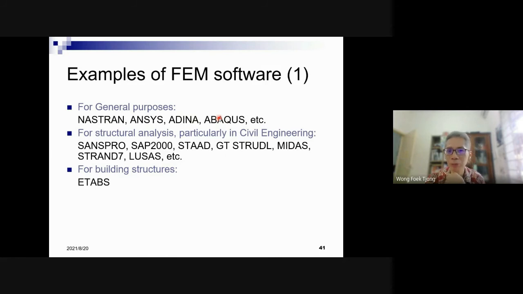But for civil engineering companies, normally we use this one, especially for buildings. This is very popular in Indonesia. Many structural engineers use it because it is very convenient for designing buildings, including not only analysis but design codes, because the design codes are already in here.